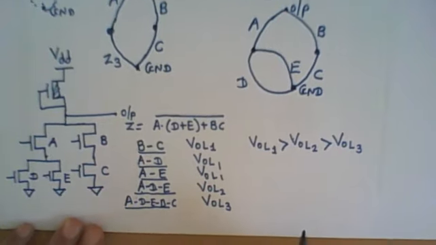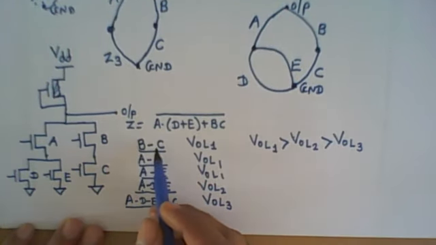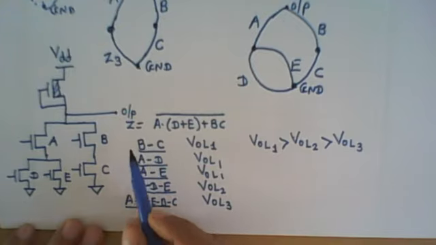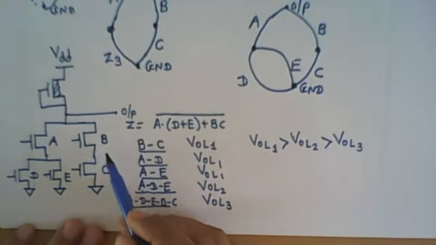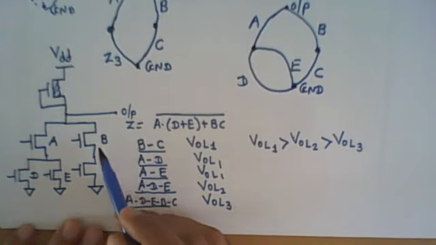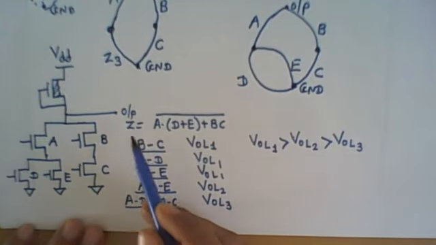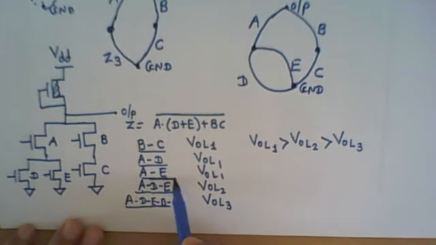Why this? Because when 2 MOSFETs are 1, we have to add the on-resistance of the two MOSFETs. Suppose R1 and R1 of these two, and both are in series. So it will be the 2R1 resistance in these three combinations.